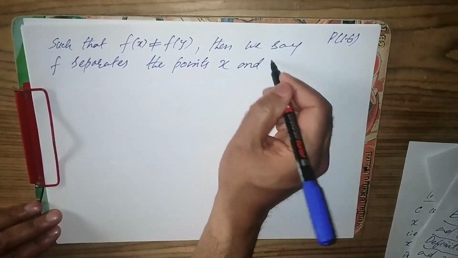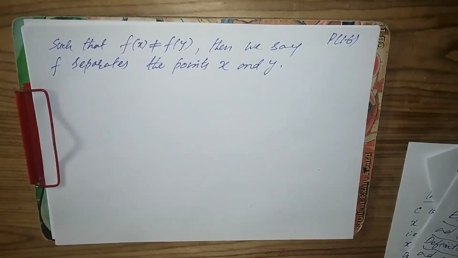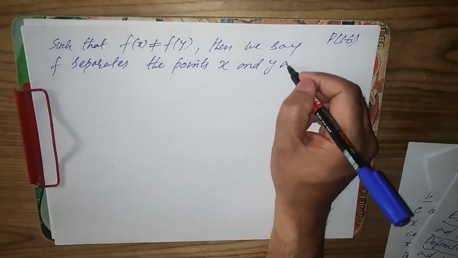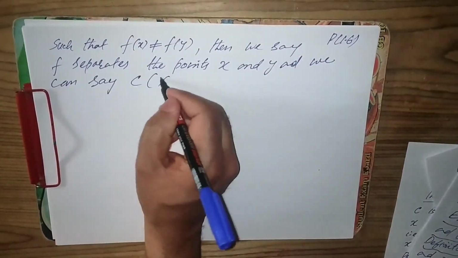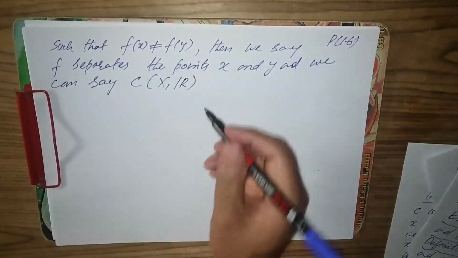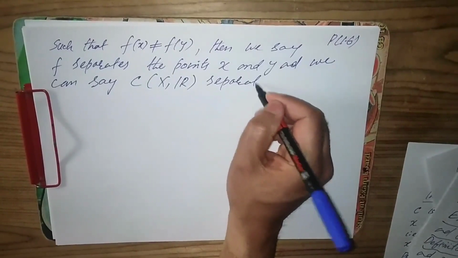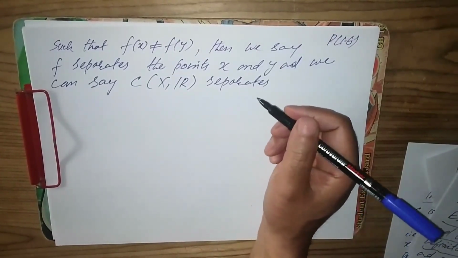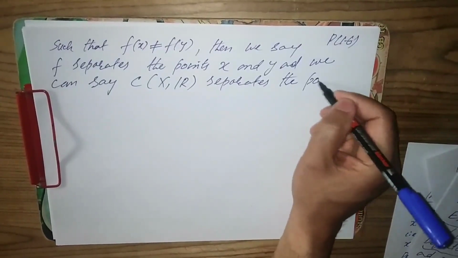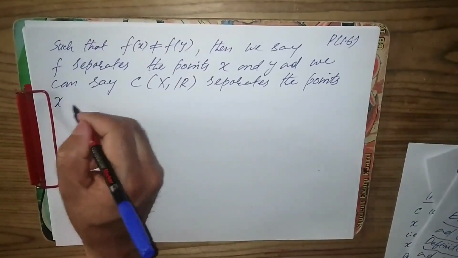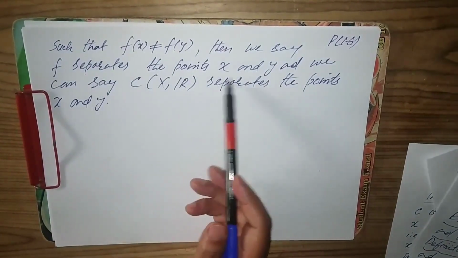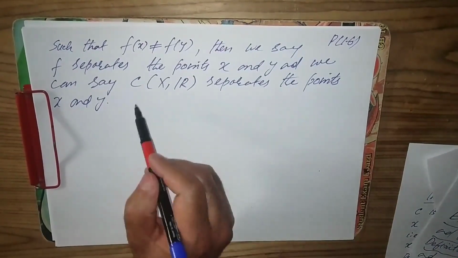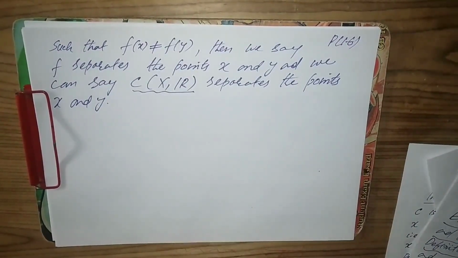This f separates the points x and y, or we can say the set of continuous mappings from X to R, C(X,R), separates the points x and y. It's equivalent. We say f separates the points x and y, or equivalently we say C(X,R) separates the points x and y.